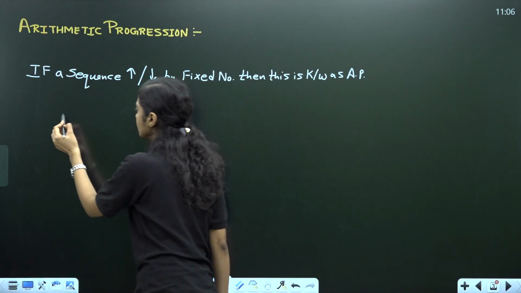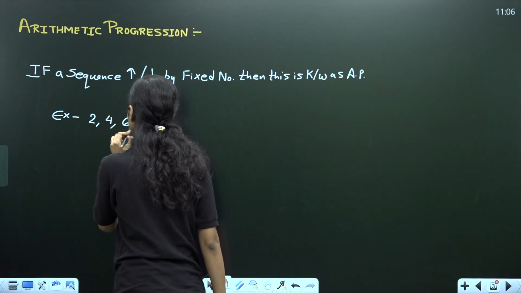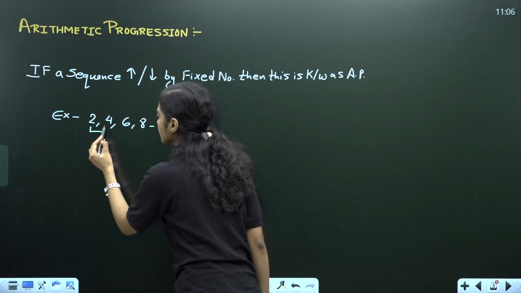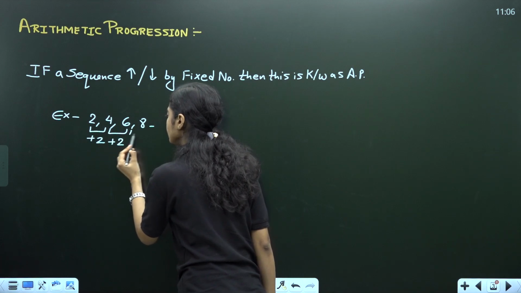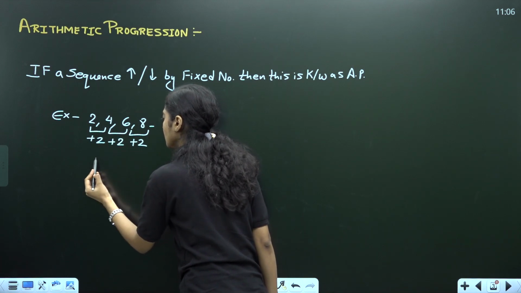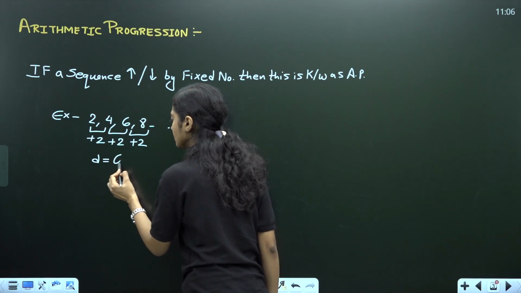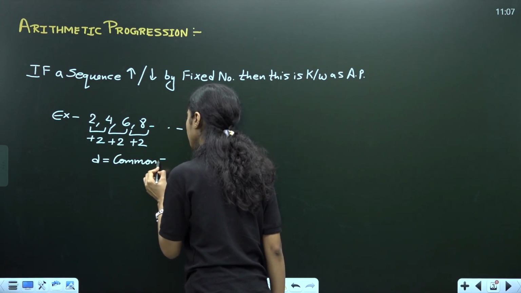Take an example: 2, 4, 6, 8. We see that this increases by +2, then the common difference, denoted by D, in the given example is 2.